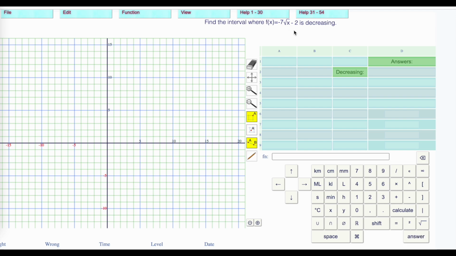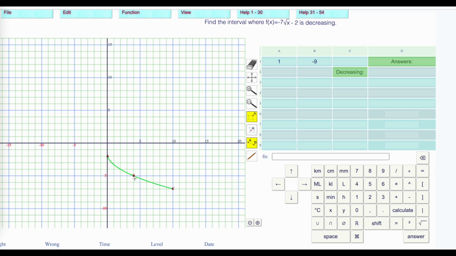When is this one decreasing? It's opening down and to the right. The vertex is at 0, -2. It's opening down, like something like this. Let me plot the actual points. When x is 0, we end up with -2, is equal to -7 times the square root of the x value. -2 gives us -2.